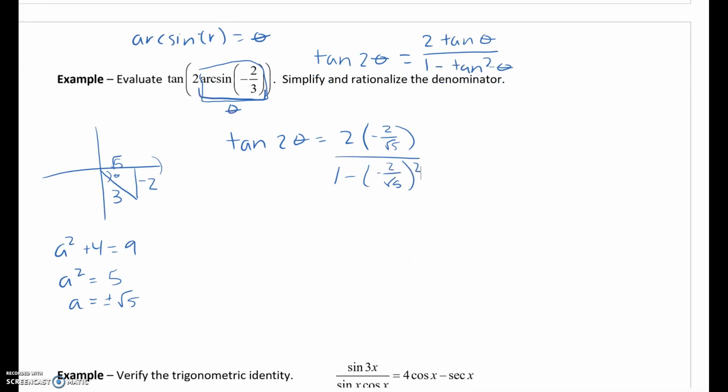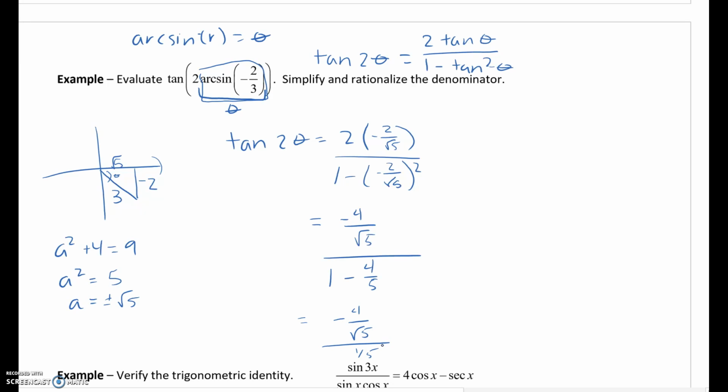Simplify and rationalize the denominator. Okay, so we have negative 4 over root 5 over 1 minus 4/5, right? So that gives us negative 4 over root 5 over 1 minus 4/5, which is 1/5.